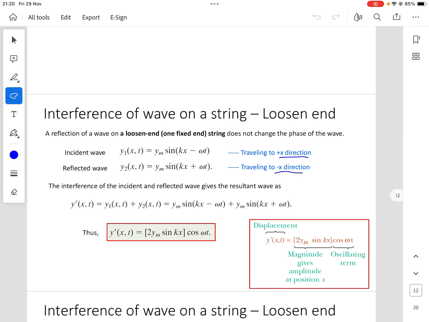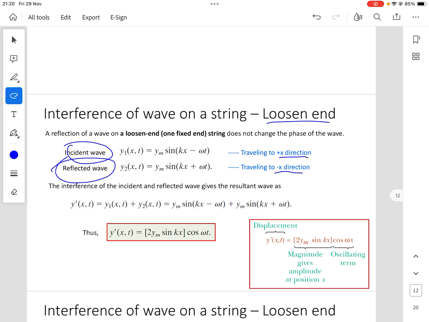Now there should be two cases when you want to deal with the interference of waves traveling in opposite directions. The possible case to get a wave traveling in the opposite direction is the incident and the reflected wave. In this case, we deal with the loose end.